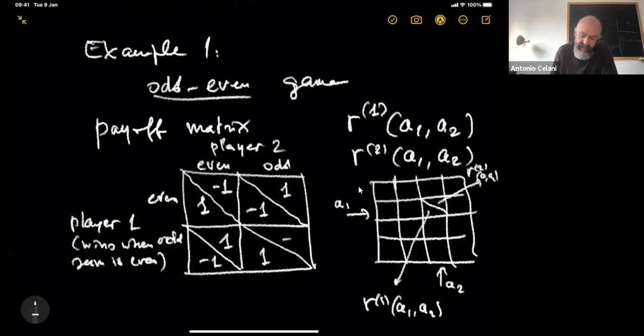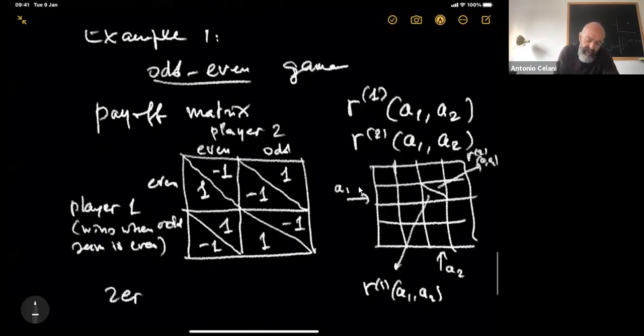And here we fall back to this because odd plus odd is even. So this is how you describe this simple game in terms of payoff matrices. And this is what is called a zero-sum game, because every win for one agent is a loss of exactly the same amount, apart from overall constants.